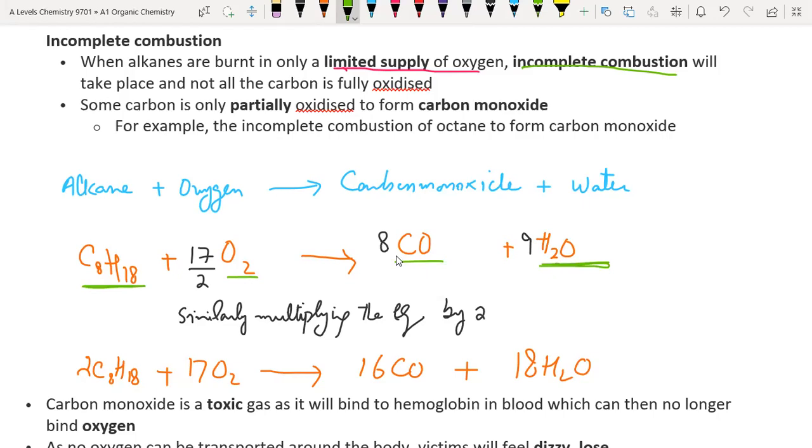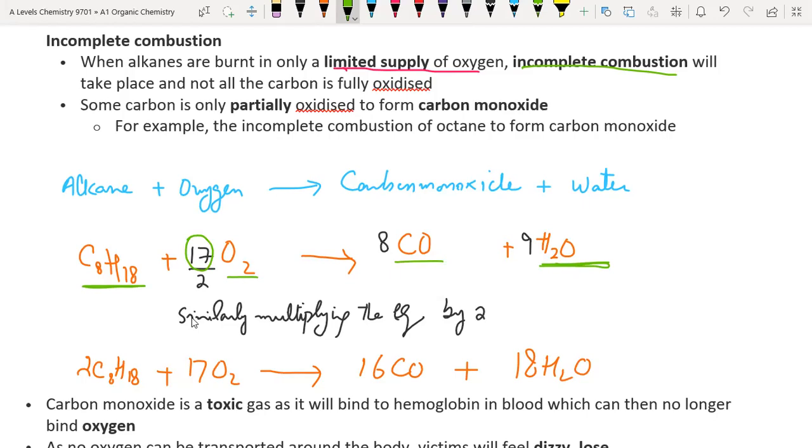So both of these will have how much oxygen? 8 plus 9, 17 oxygen. We have to place 17 here, but when multiplied by 2, it is 34. We actually require 17, so we will divide it by 2.